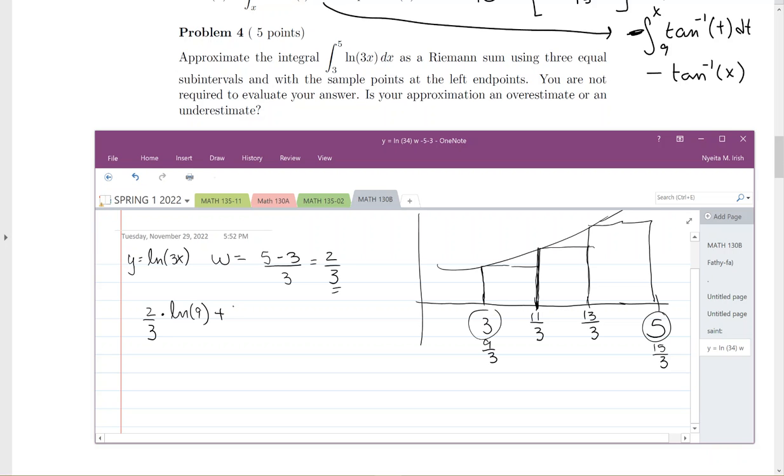It's again the width times the height. For the height, now we're going to do 11/3 and plug that in for x. So natural log of 3 times 11/3.